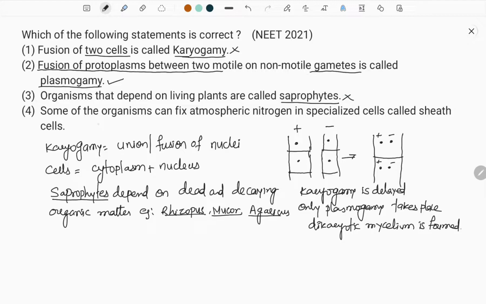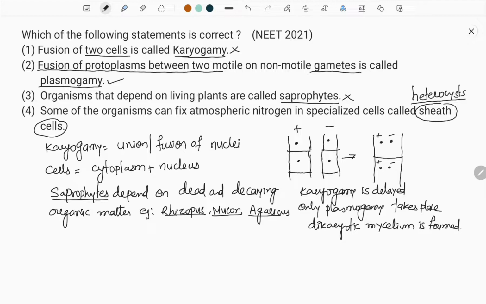And fourth statement, some of the organisms can fix atmospheric nitrogen in specialized cells called as sheath cells. This is wrong. They are not sheath cells, but they are called as heterocysts. Heterocysts are specialized cells.